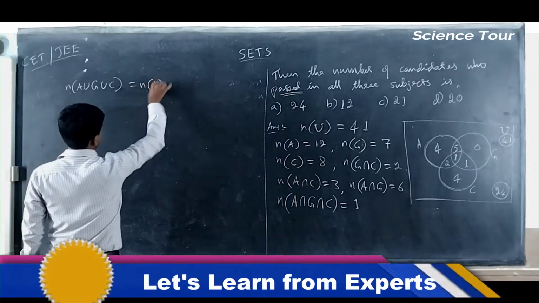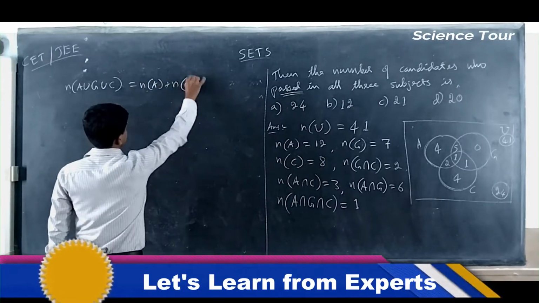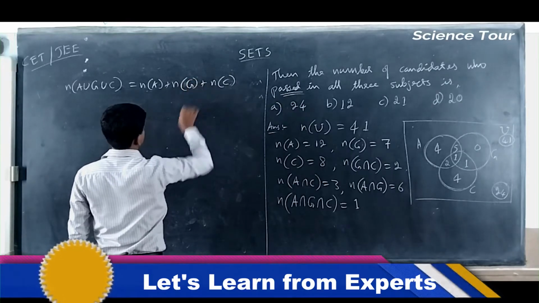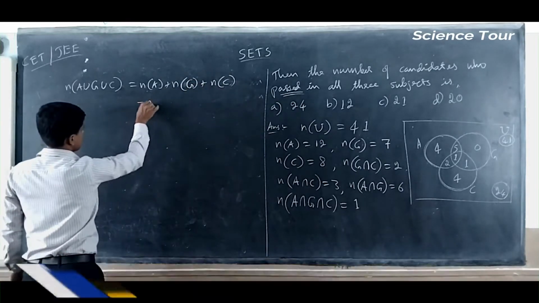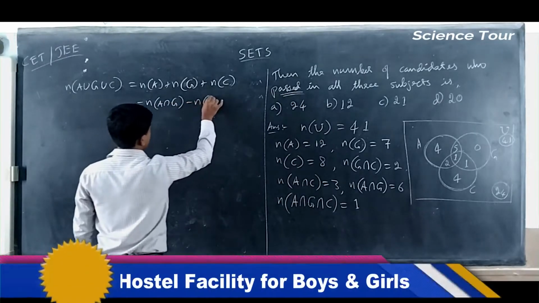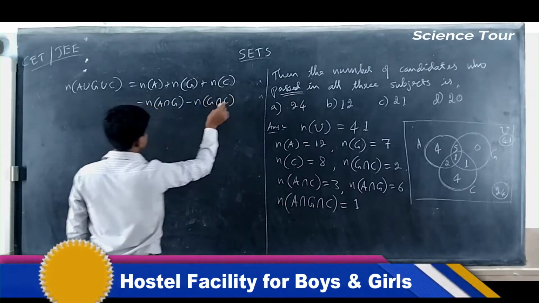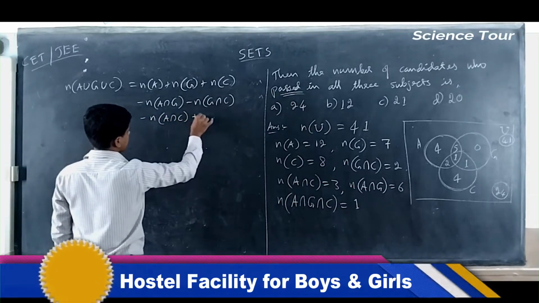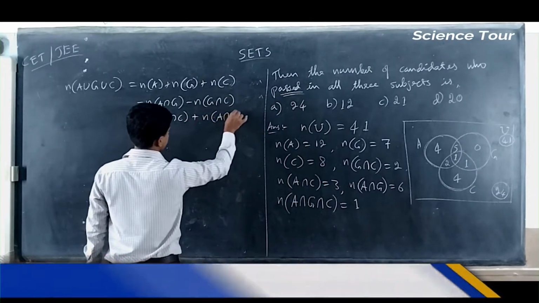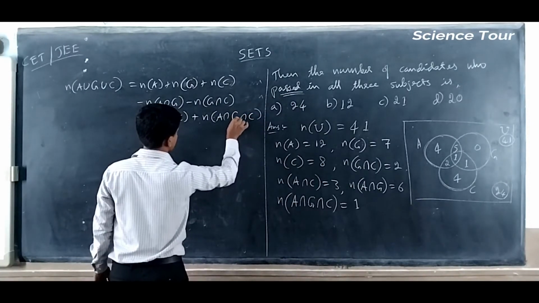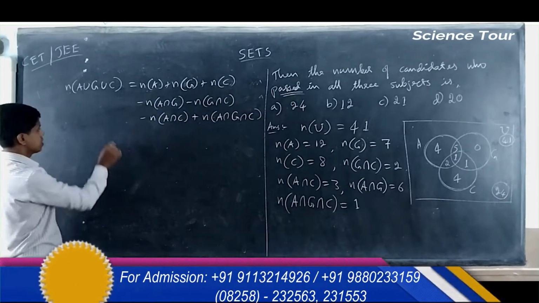So this is n of A plus n of G plus n of C minus n of A intersection G minus n of G intersection C minus n of A intersection C plus n of A intersection G intersection C. Let us substitute.